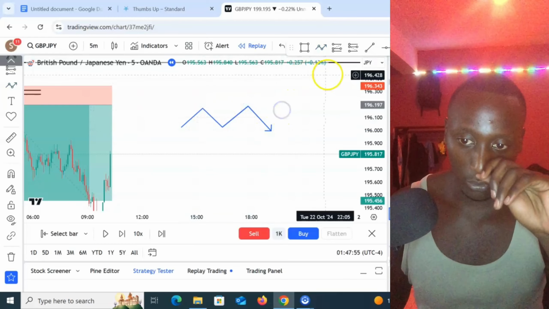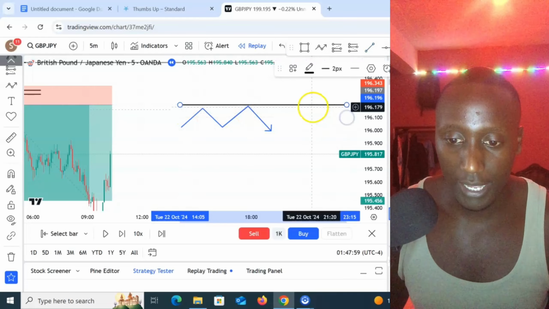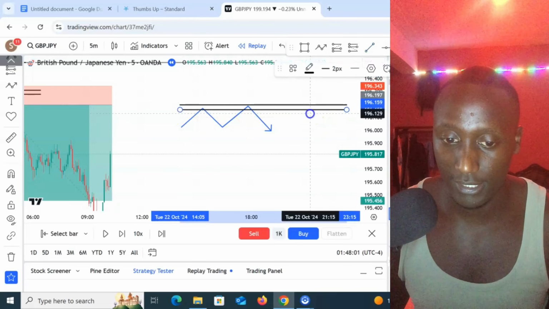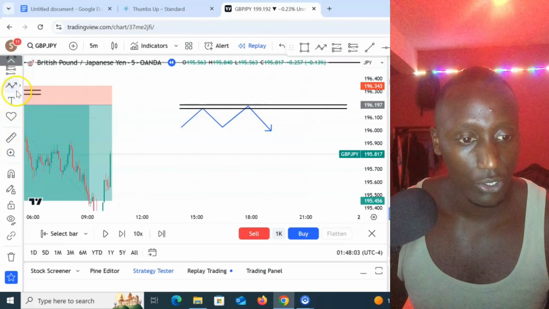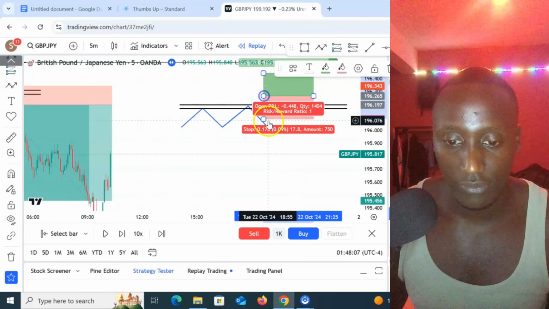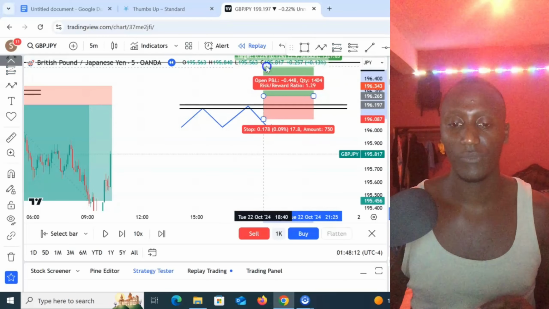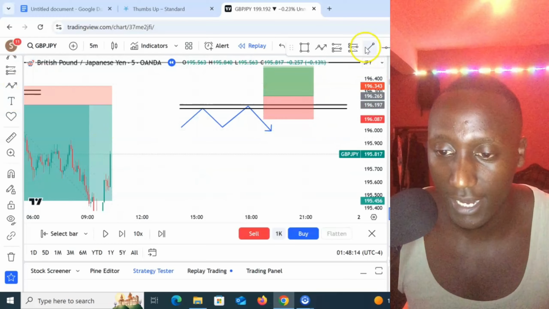So say for example, you want to buy. Then you want to buy once price breaks resistance. And so your buy is anywhere above that resistance.